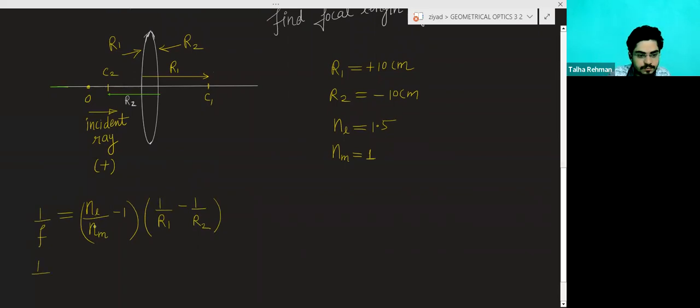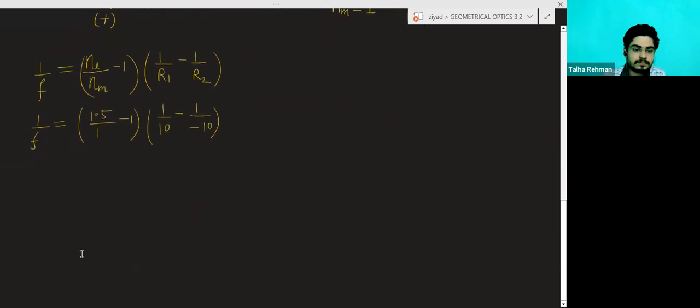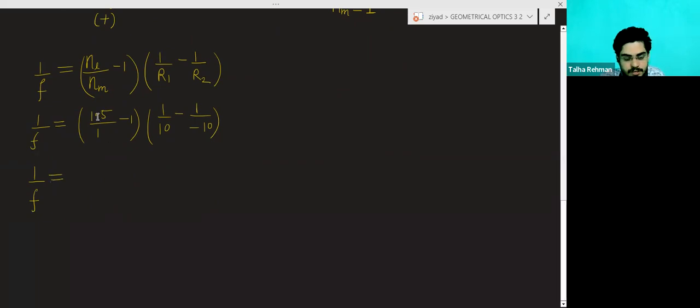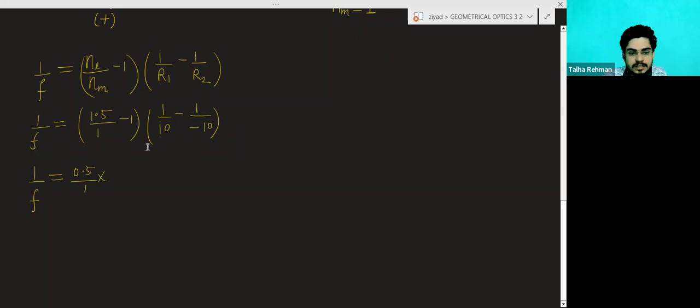So 1 by f is equal to the refractive index of the lens, 1.5, divided by the refractive index of the surrounding medium, 1, minus 1, multiplied by 1 upon plus 10 minus 1 upon R2, which is minus of minus 1 by 10. So 1 by f is equal to 1.5 minus 1, which is 0.5, divided by 1, multiplied by 1 by 10 plus 1 by 10.